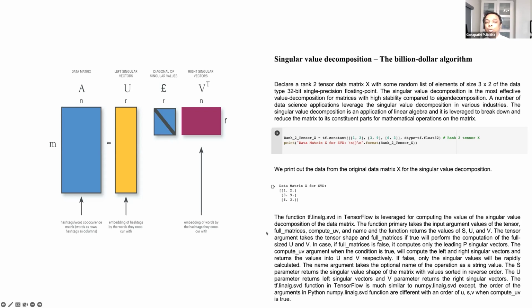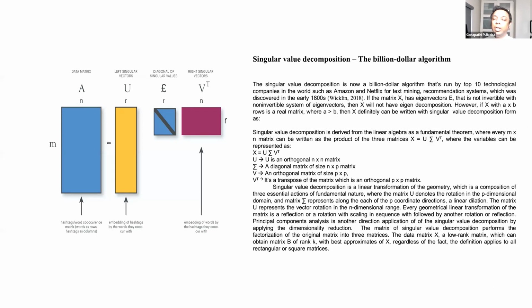And so basically, as we see here, the singular value decomposition is a fundamental theorem where we're going to create a matrix and assign some random values to it. And then we're going to represent a few things here.